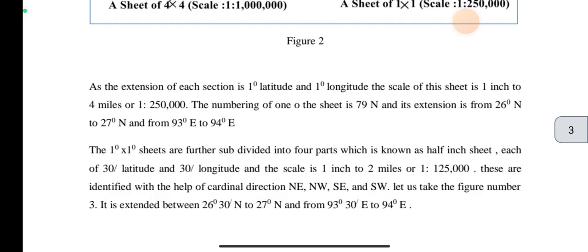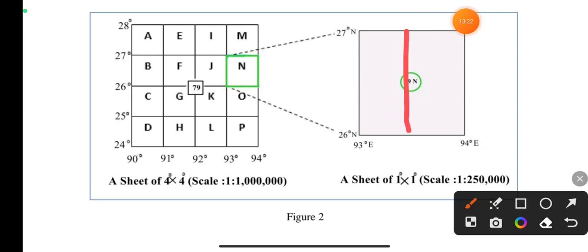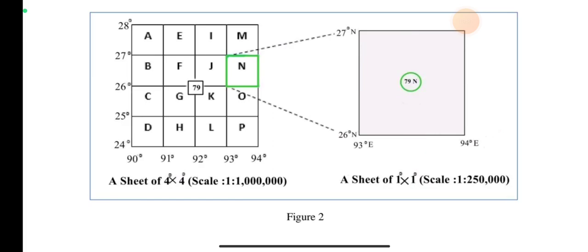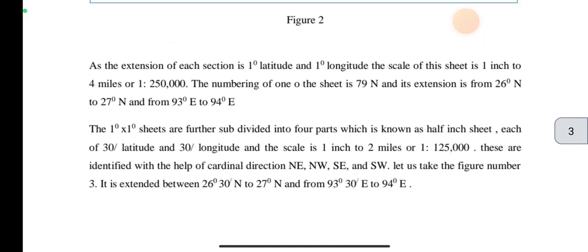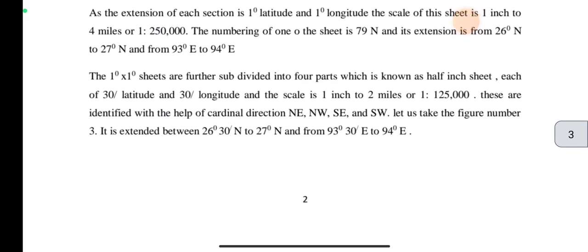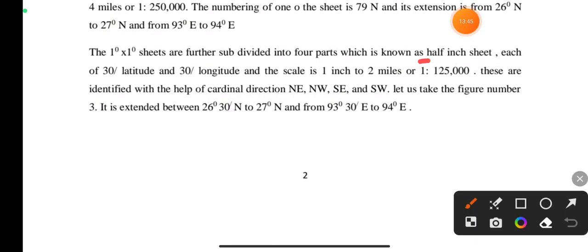Now the 1 degree sheet is further subdivided into 4 parts, so we will divide this 79N into 4 parts. We get what is called half inch sheet.